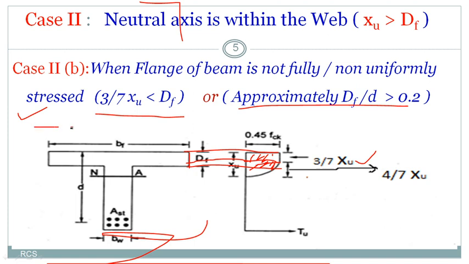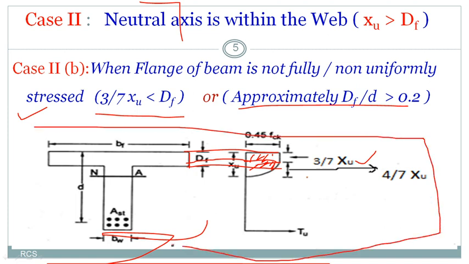For this case of T-beam, we have to calculate the moment of resistance. The moment of resistance can be calculated in the same way as we discussed in previous sessions. First we have to divide this figure into two figures, figure 1 and figure 2. In one figure we consider the web portion only, and calculate the total moment of resistance in the web region.